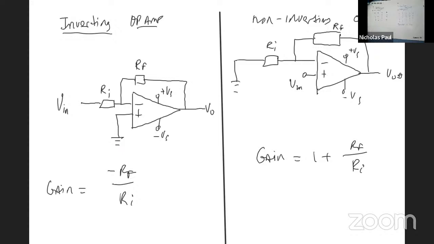I want to erase the non-inverting. So what did you write at the end of the second diagram? V out. That's V out, right? Sometimes in questions, they'll ask you to prove that.